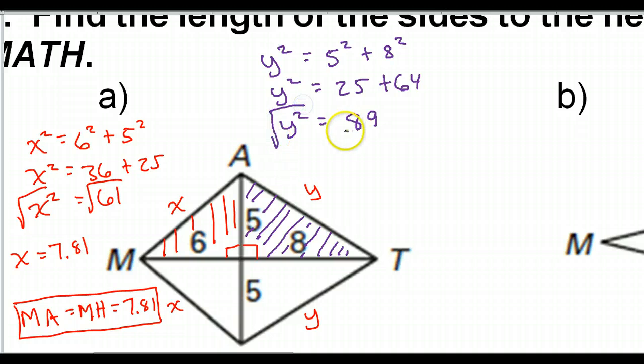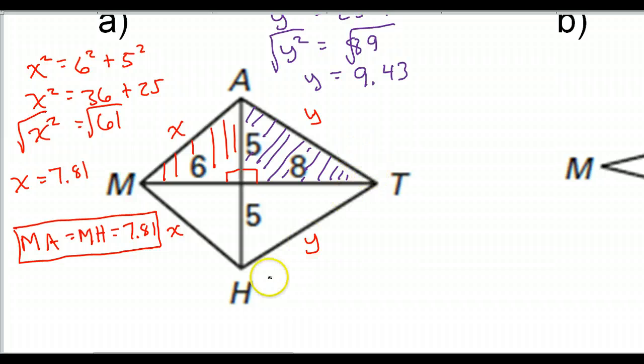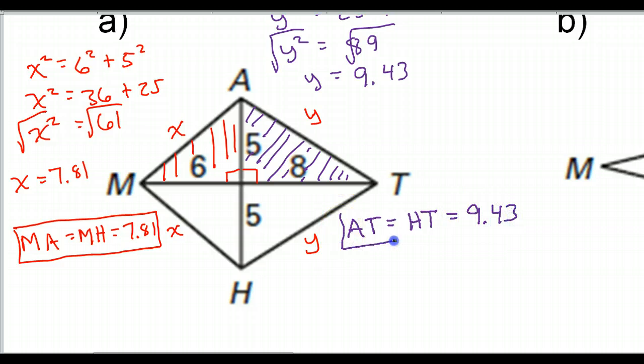If I take the square root of both sides, that gives me that y equals 9.43, which means AT and HT both equal that. So AT equals HT, which equals 9.43. Okay, so that's how you do part A.